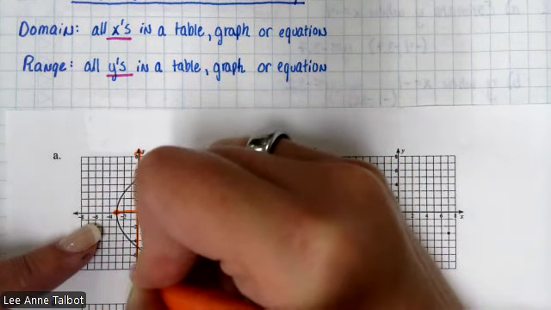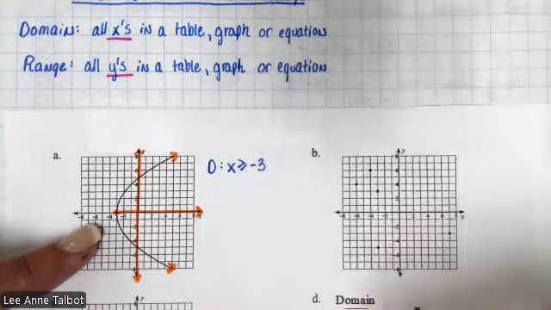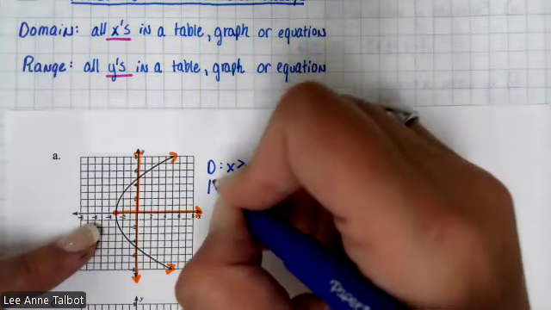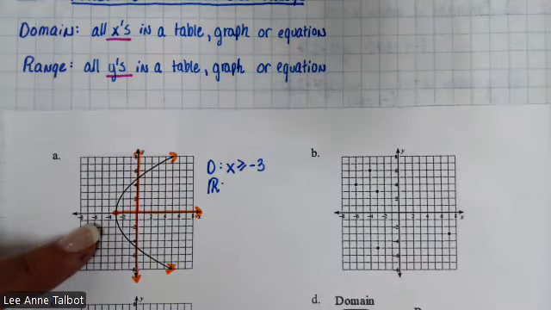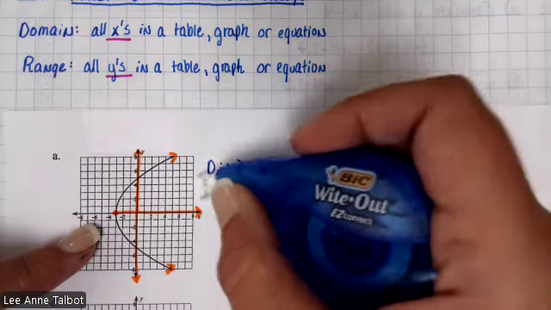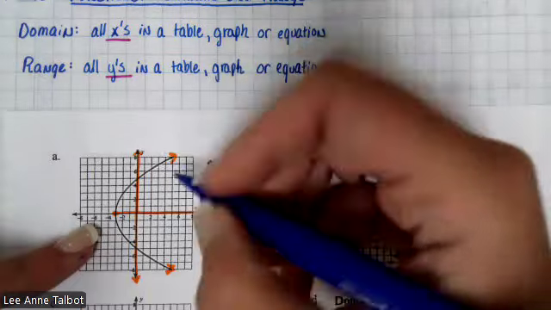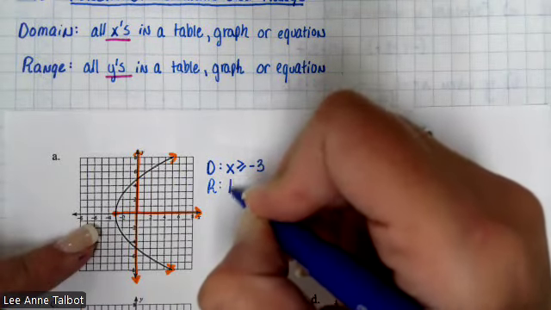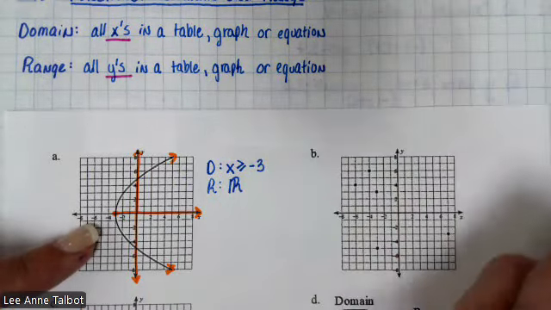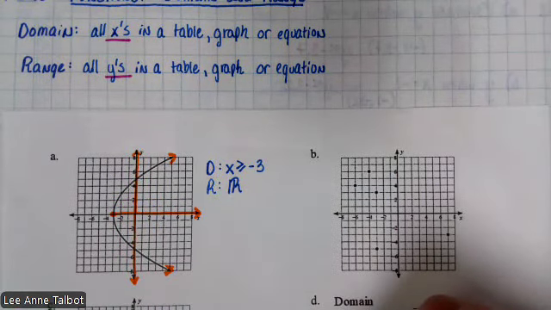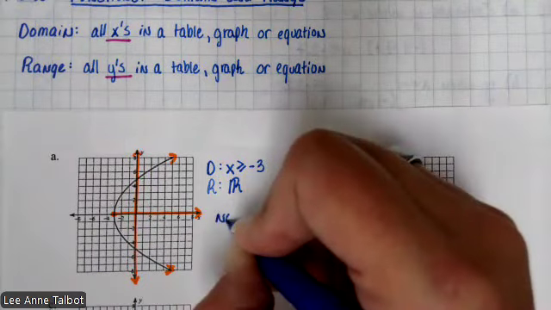But my arrows also show me that the graph's going to go forever up and down. So I did that wrong. The range is all real numbers. I made the wrong kind of R. Okay, last question. Is this one a function? No.